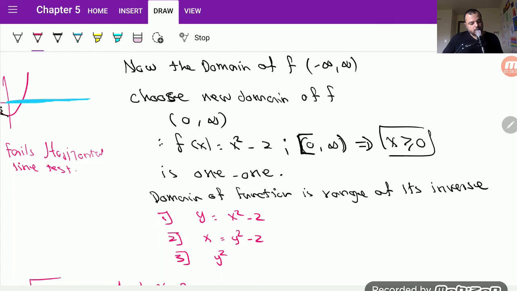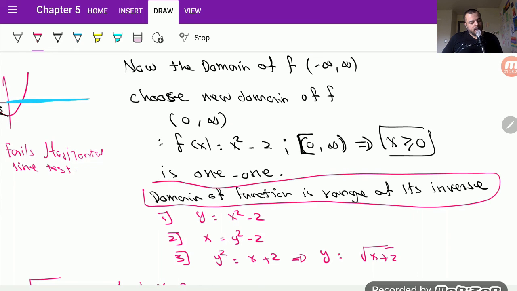You get y squared equals x plus 2. Then take the square root of both sides. You get y equals square root of x plus 2. So when we take the square root, usually we get positive and negative, right? Positive and negative. But hold on. Let's look at this. The domain of the function is the range of its inverse. Because the domain is x greater than or equal to 0, y is going to be greater than or equal to 0.